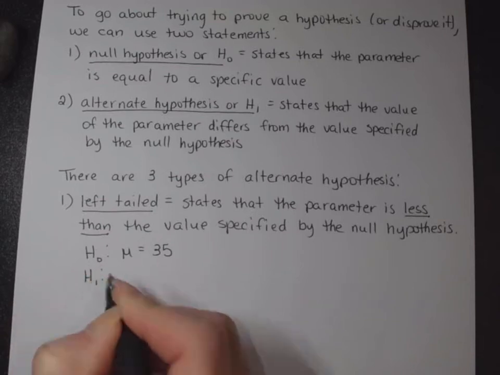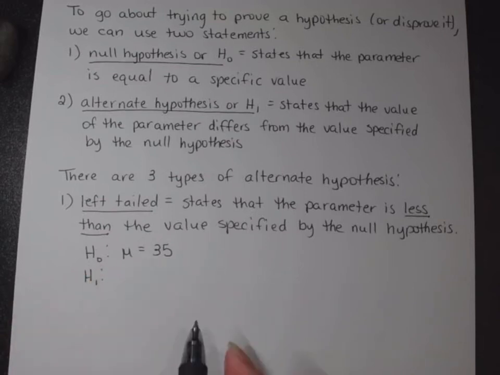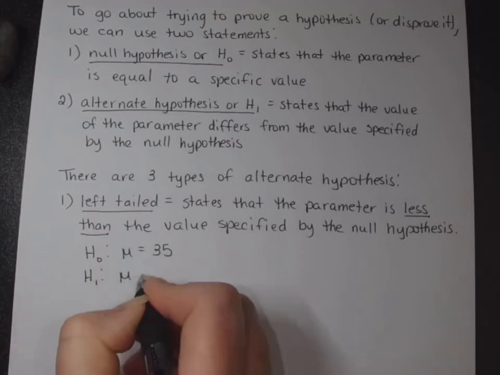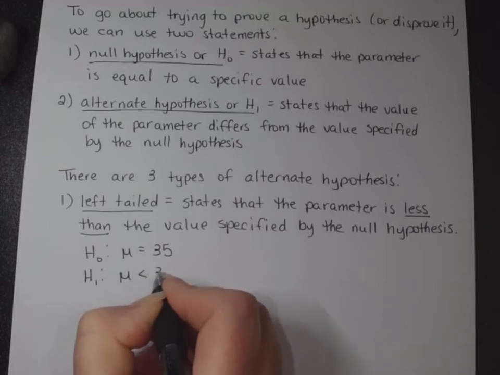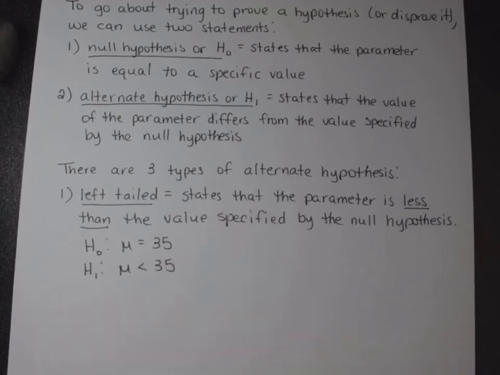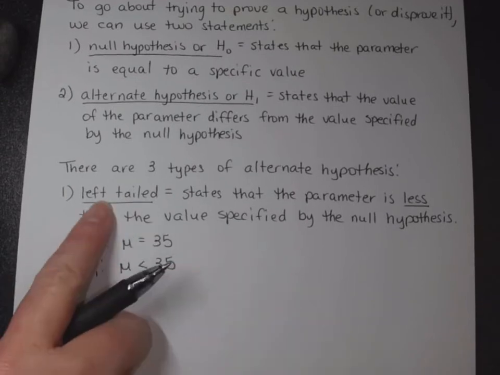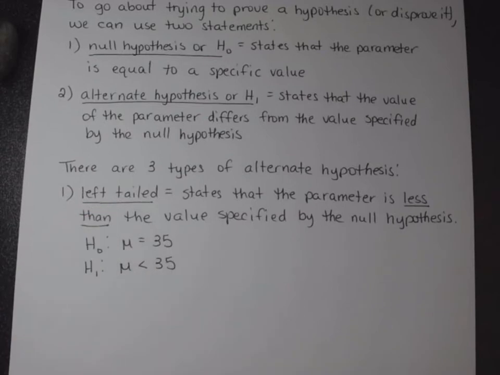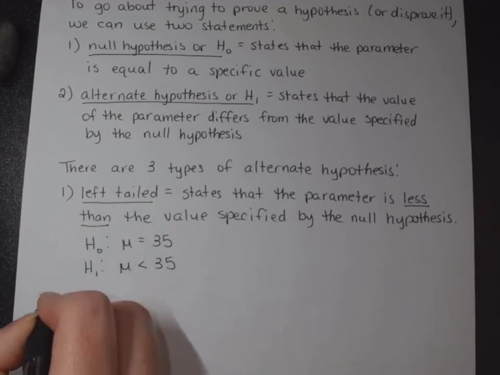But then we have to have an alternate, because what if our hypothesis is wrong? And in a left-tailed test, that alternate would be, hey, it's not 35 like we thought, it's something less than 35. Notice that doesn't cover all the options, but this left-tailed test is only concerned with things that are to the left of the value that we thought it was going to be.